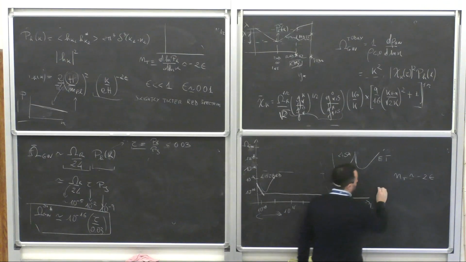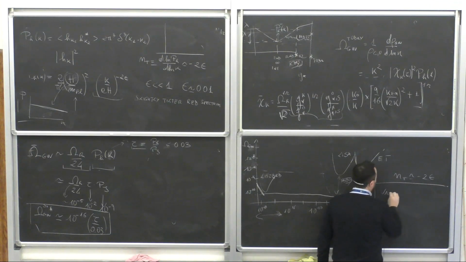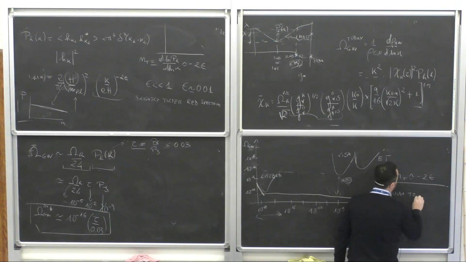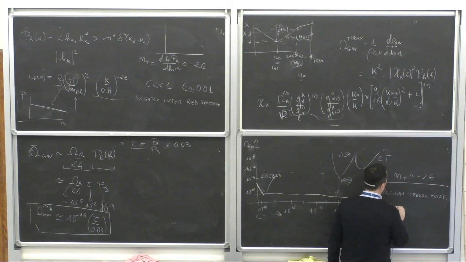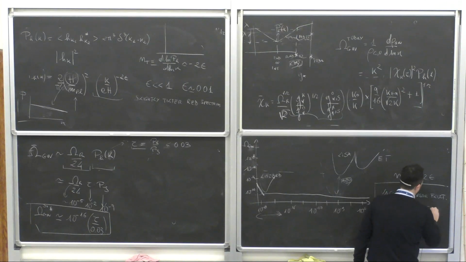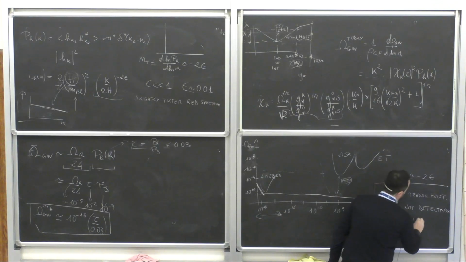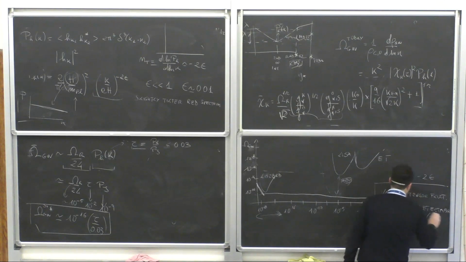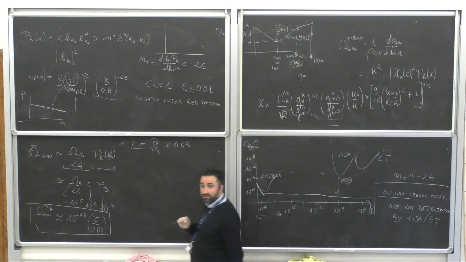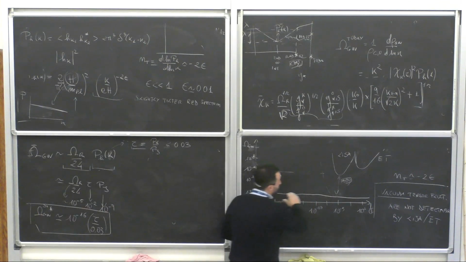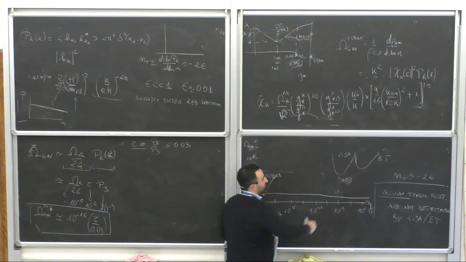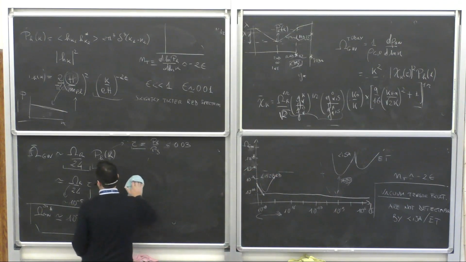So the main message here is that vacuum tensor fluctuations, so gravitational waves, are not detectable by, let me focus on Lisa and ET, okay? When I mean vacuum, I mean the standard tensor fluctuation of the metric, okay? And they are not detectable because, you know, this is the signal and this is the noise of your detector. You are orders of magnitude below the sensitivity of these detectors.